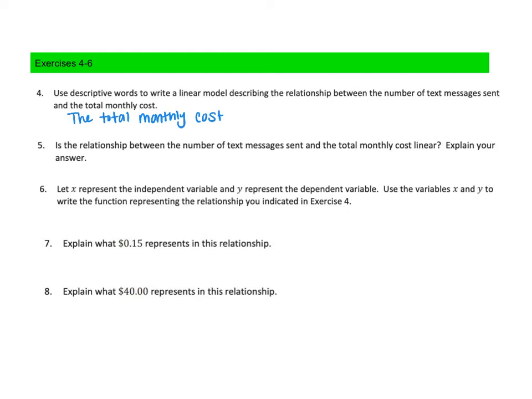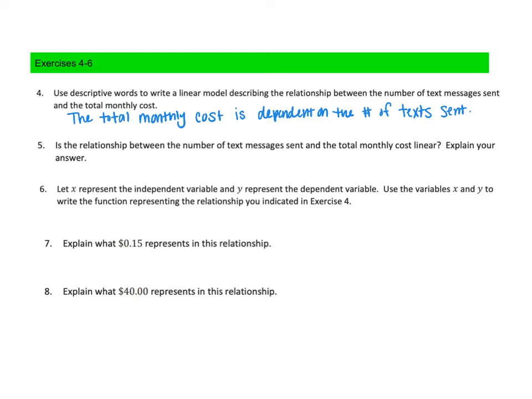And this total monthly cost is going to be dependent on how many text messages they send. Okay? So the total monthly cost is dependent on the number of texts sent.